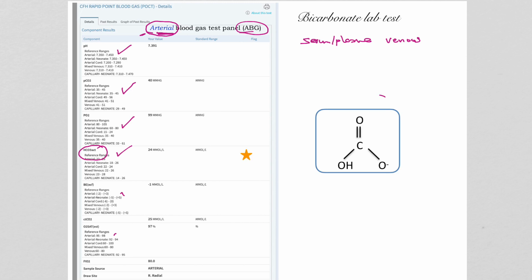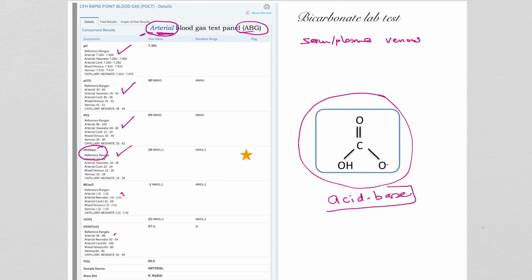So bicarbonate is a very important test for determining the acid-base balance in a human being. And we'll talk about this in future videos.